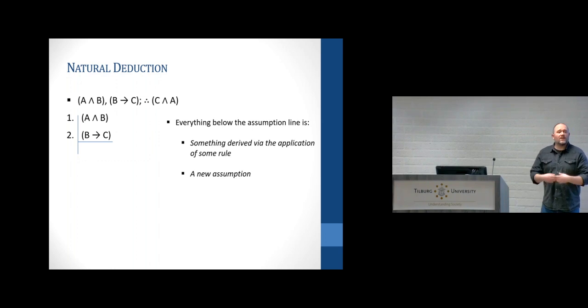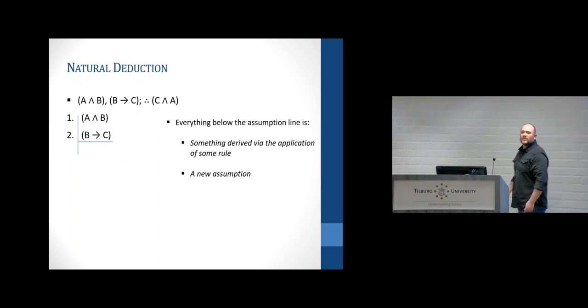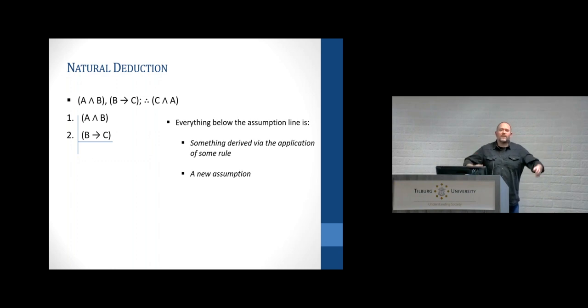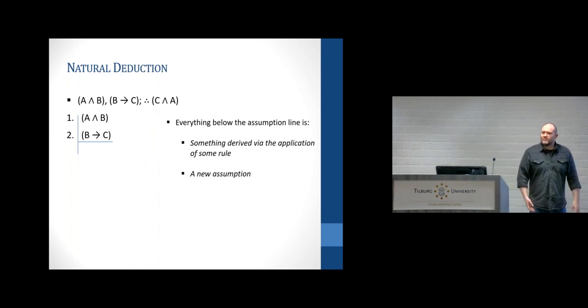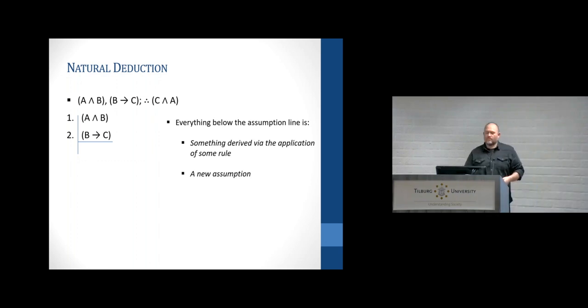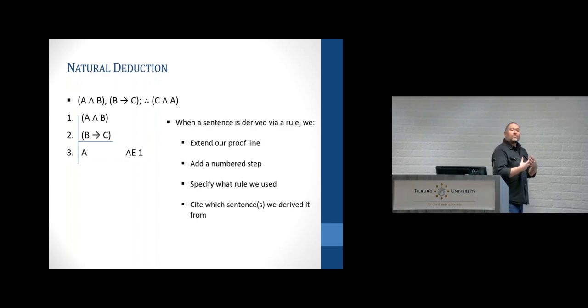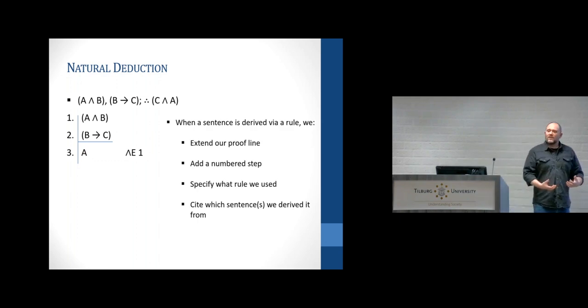Go back to the informal presentation I gave you a second ago. If we're assuming that sentence 1 is true, what must also be true? 1 is a conjunction, so the conjuncts must be true. Let's extract the conjuncts using what we'll call an elimination rule. We'll take the conjunction in 1, break it in half, and get the first conjunct.